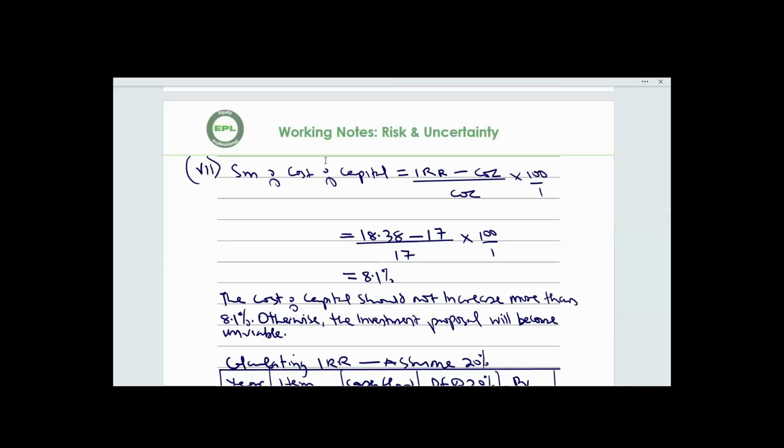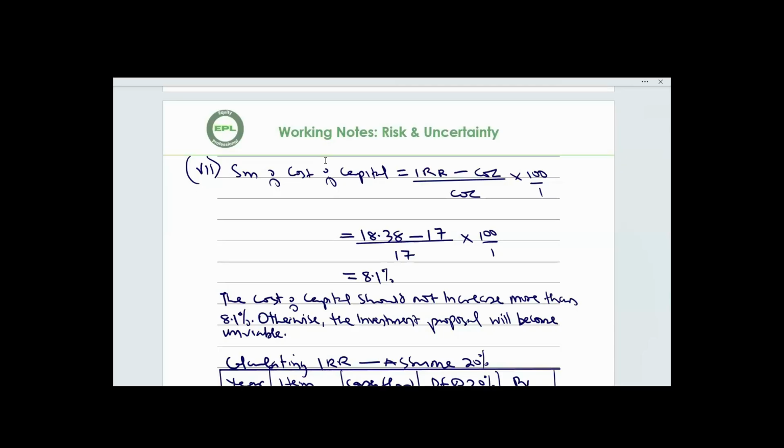We are moving to simulation. Let me know if you have any question on this. Like I told you earlier today, in recent times, ICAN usually tests a specific variable instead of an accumulated variable. ICAN can ask you to compute the sensitivity margin of working capital, or of a scrap value.